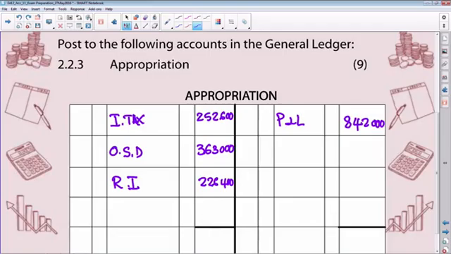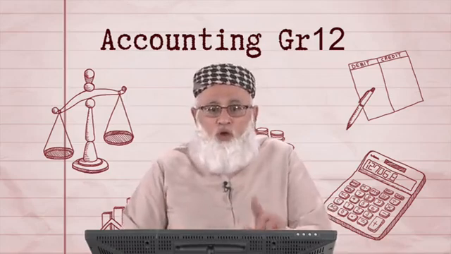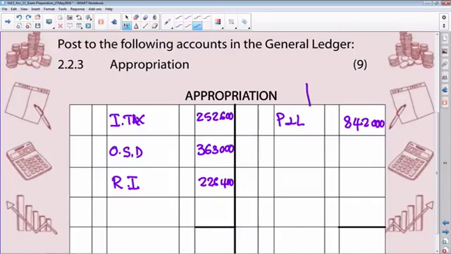Now, allow me just a minute to give you an explanation with regards to how I calculate my retained income. There are three methods that could be used. I have found over the years and with a lot of experience that this is the easiest method to deal with the appropriation account. All that you do is bring in your profit and loss for the year, bring in your two components, income tax and your ordinary share dividends.